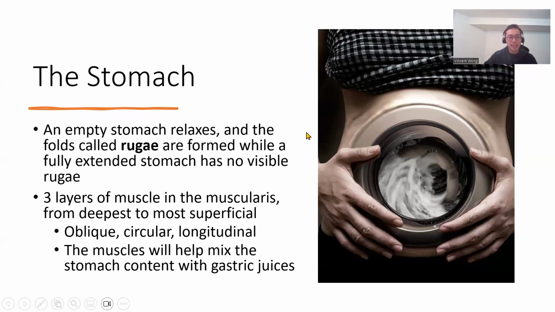So what's going on in the stomach? Well, when the stomach is relaxed, there are a lot of foldings in it, and these foldings are called rugae. The rugae disappear when the food goes into the stomach.